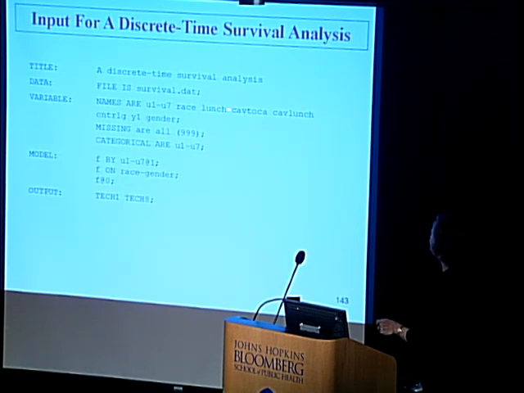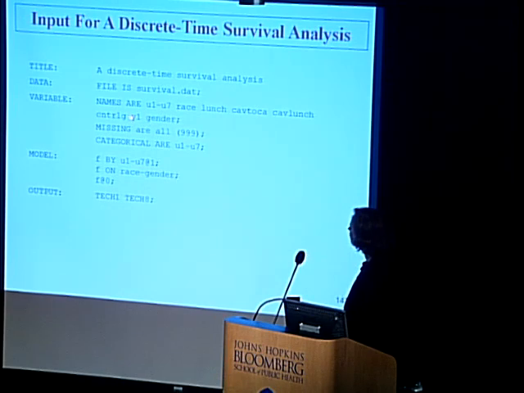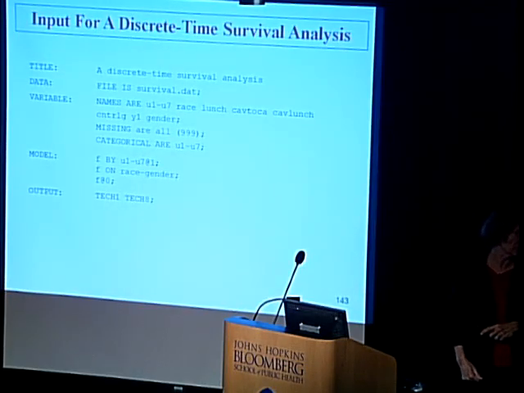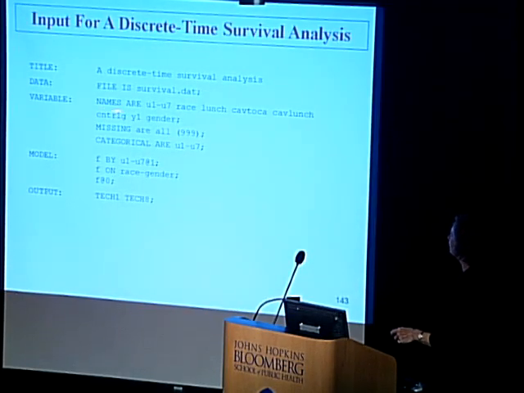CAV lunch is the average class lunch variable, which is related to poverty. And Y1, which is the student. And I'm not sure what the other one is. Control group. Okay. And then control group is this one. So missing are all 999, and we have to define the event indicators as categorical. So we use the categorical list.